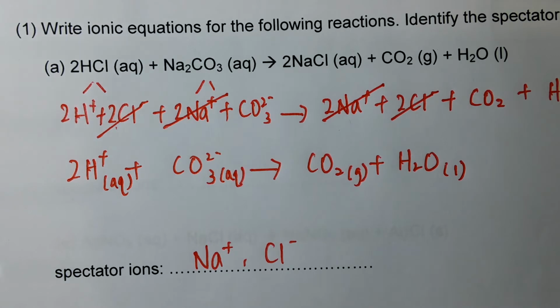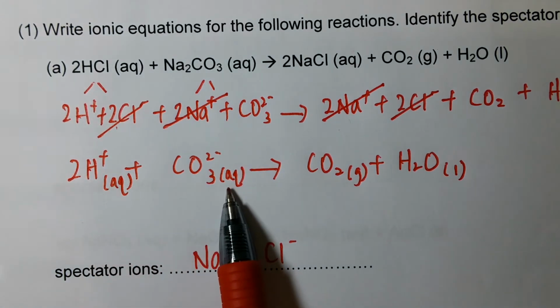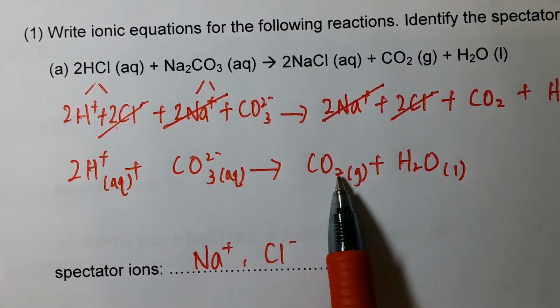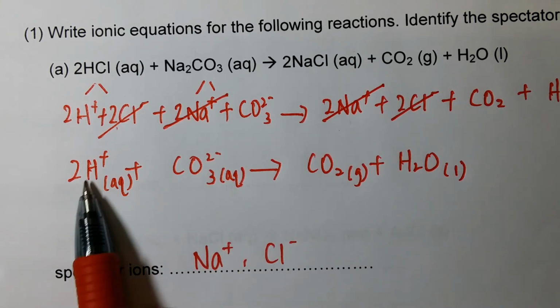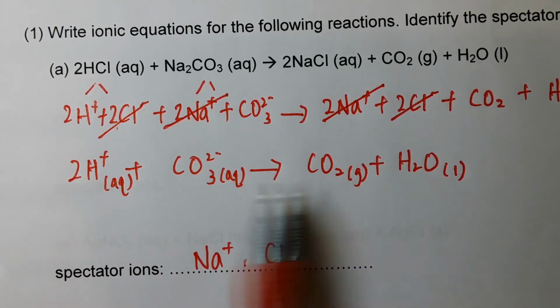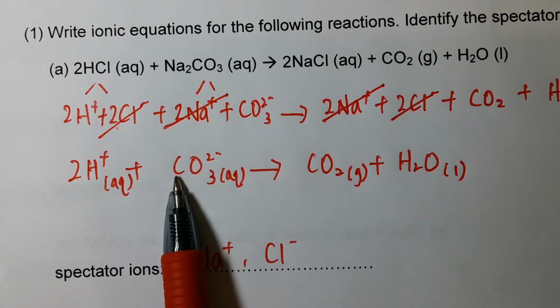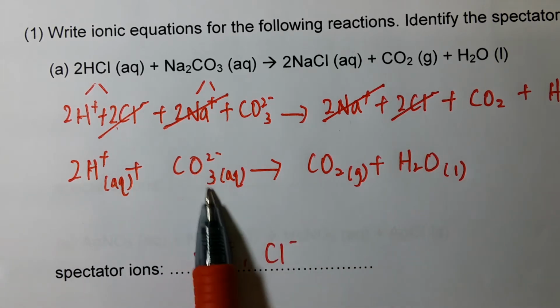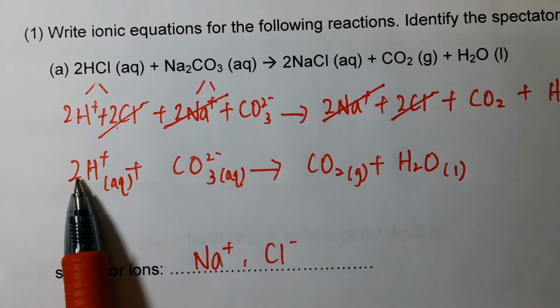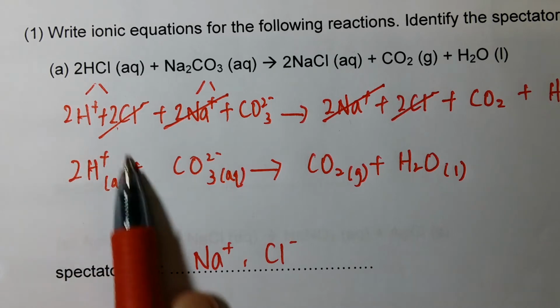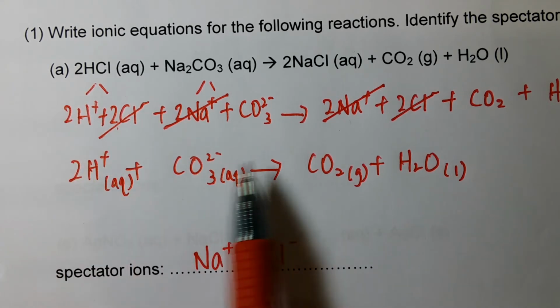After finishing writing all these formulas, you have to make sure that the number of atoms on both sides of the chemical equation is balanced. So there are 2H here, 2H, 1C, 1C. There are 3O, so 2O, 3O. And then the charges must be balanced. 2H+ means 2 plus. Total charge here is 2 plus.